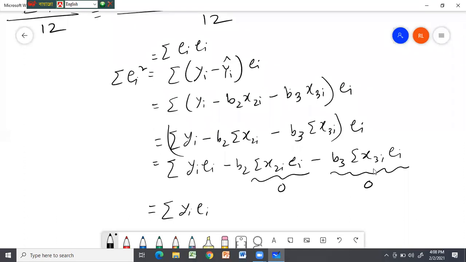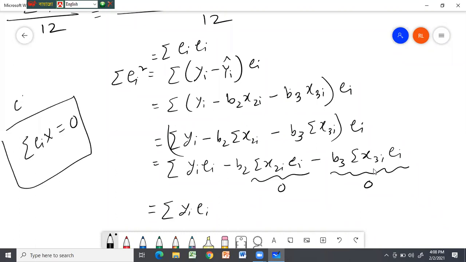Why is this whole thing 0? Summation of ei times x equals 0. Yes, ei into x equals 0. This was our CLRM assumption, do you remember that the classical linear regression model assumes that summation of the error term and the multiplication of error term and explanatory variable is equal to 0. So if this portion is 0, b2 and b3 terms also become 0, and then you have only sum of yi into ei.